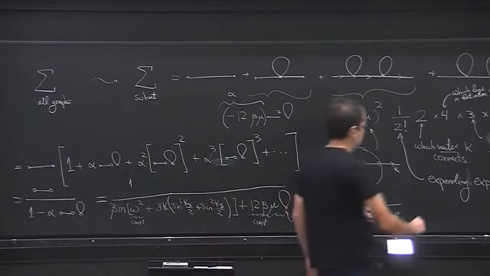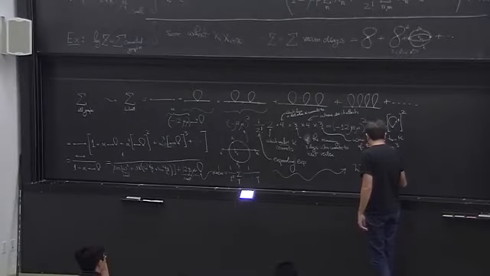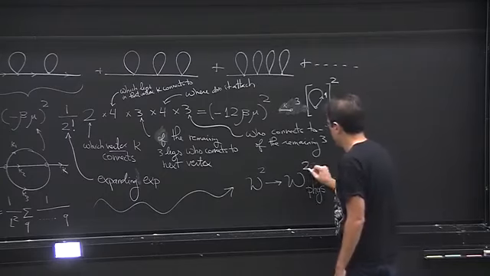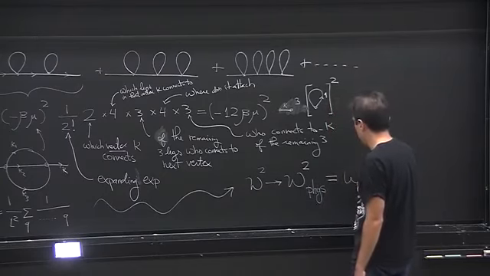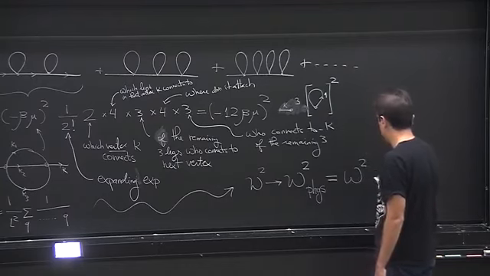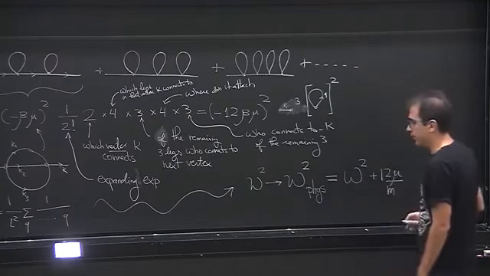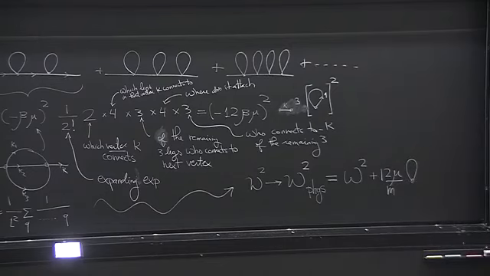So the net effect here is that I can think, at least for this subset of examples, that I'm just shifting my omega square to some, say, physical omega square that would be equal to omega square plus 12 mu over m times this bubble.